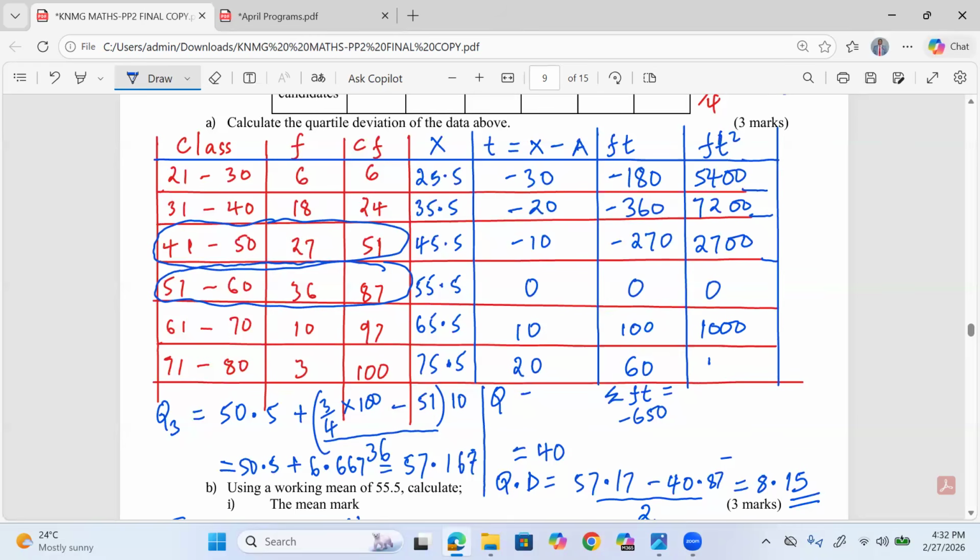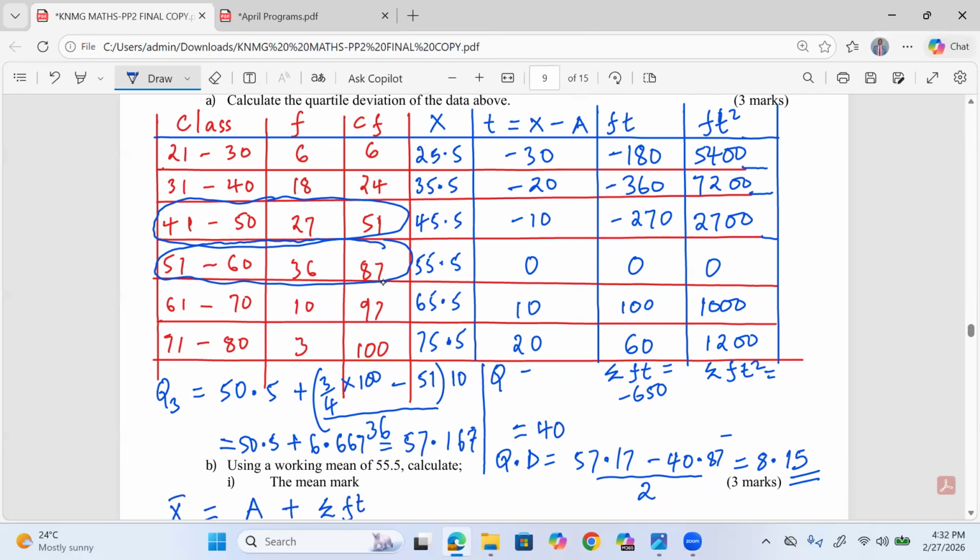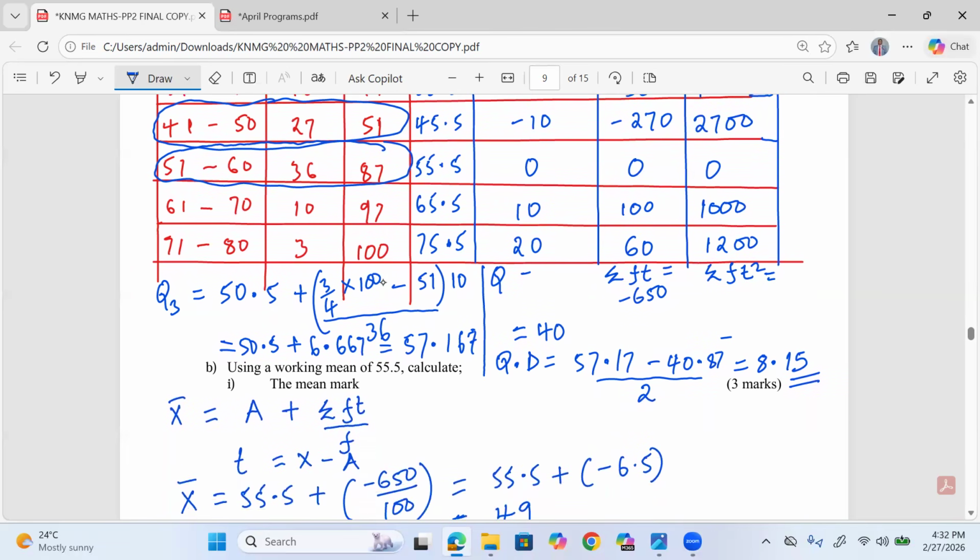We get 1200. So can we talk about summation of f times t squared? What do we get as the summation here? 5400, 7200. Then we are adding 2700. Then we are adding 1,000. Also adding 1200. This gives us exactly 17,500.